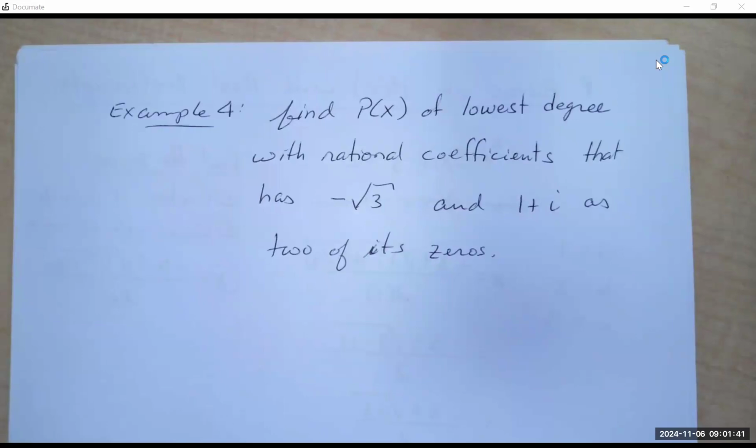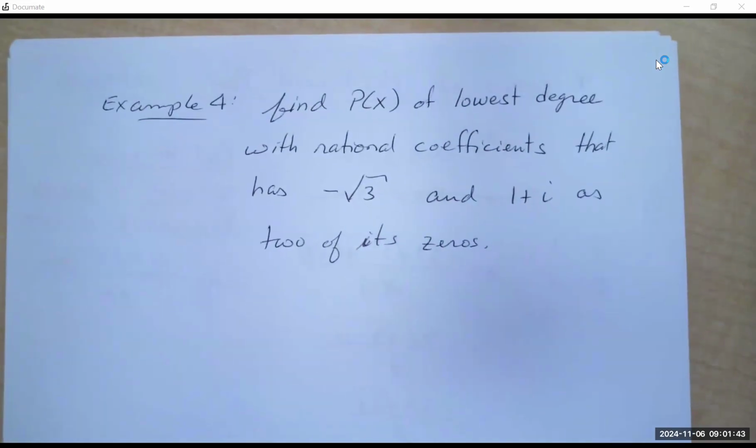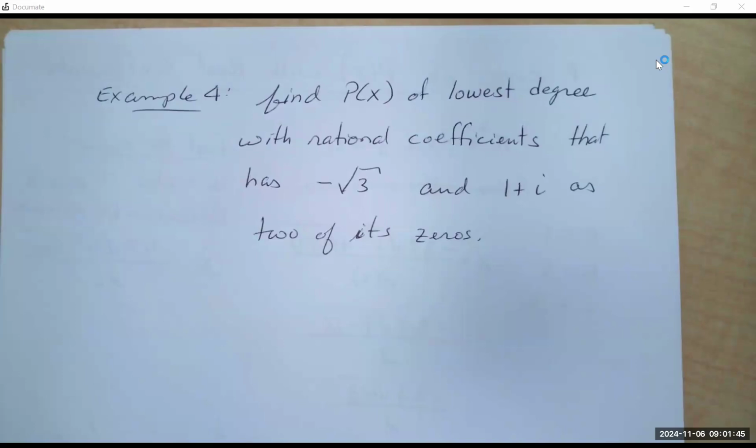What do we have? Find the polynomial of lowest degree with rational coefficients that has negative radical 3 and 1 plus i as two of its zeros.